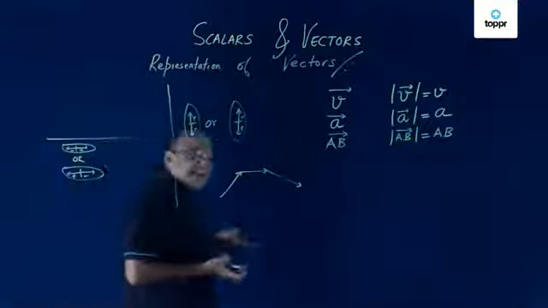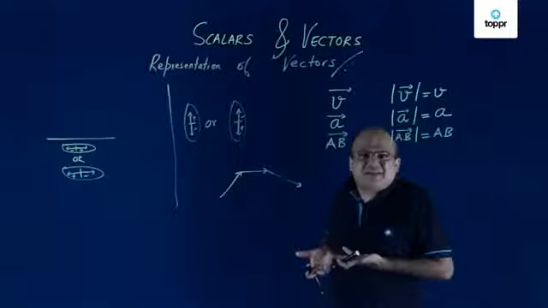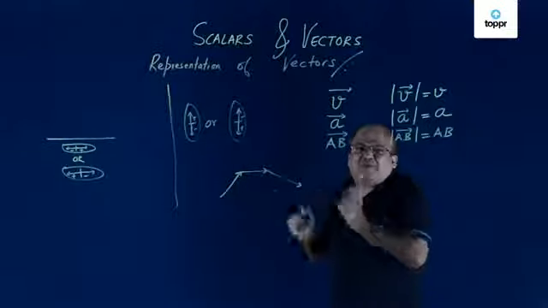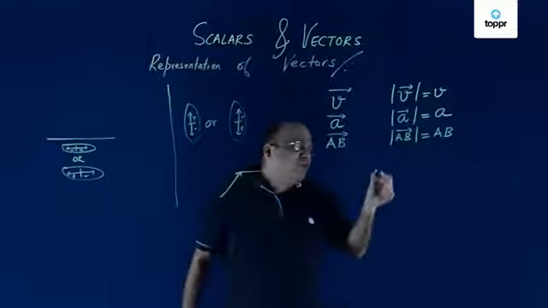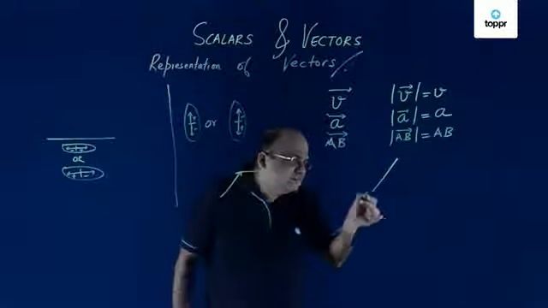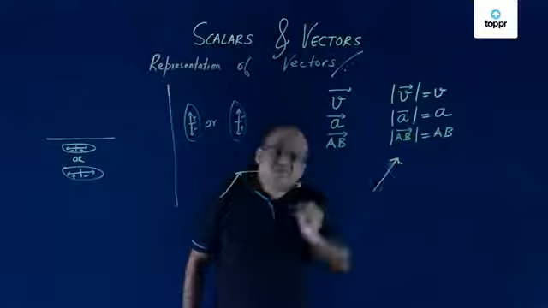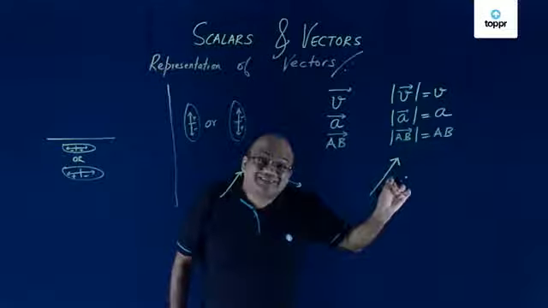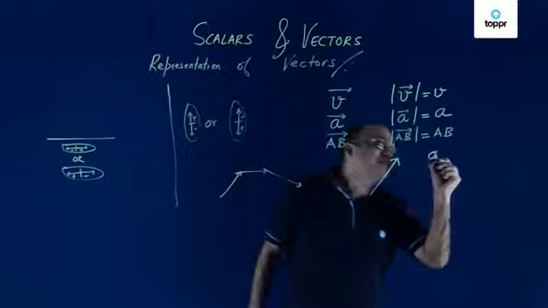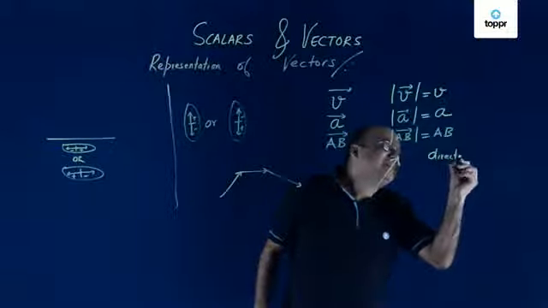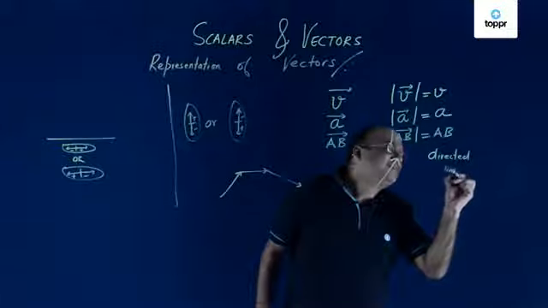How will you graphically represent a vector? Geometrically represent a vector. You will draw a line, put an arrow. This becomes a vector, right? A vector is completely represented by a directed line segment.